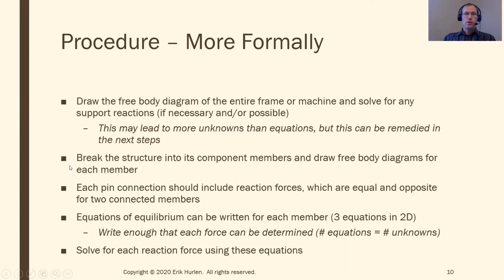Then you can break the structure apart into its component members and draw free body diagrams for those, and then apply rigid body equilibrium to any of those to solve for either external or internal pin connections. So at each pin, you'll have internal reaction forces coming from the other members of the structure, external to that one member, in the X and Y directions.